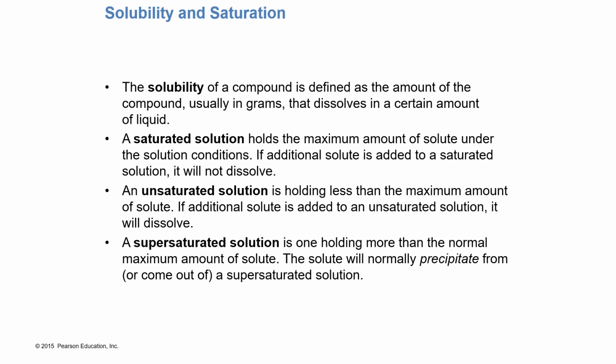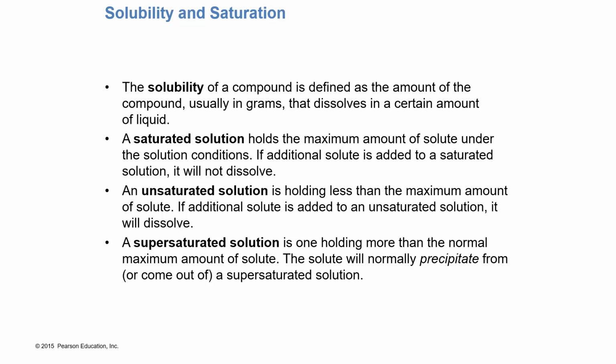Solubility and saturation. The solubility of a compound is defined as the amount of compound, usually in grams, that dissolves in a certain amount of liquid. A saturated solution holds the maximum amount of solute under the solution conditions. If additional solute is added to a saturated solution, it will not dissolve.